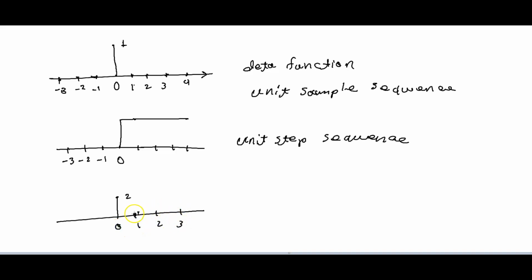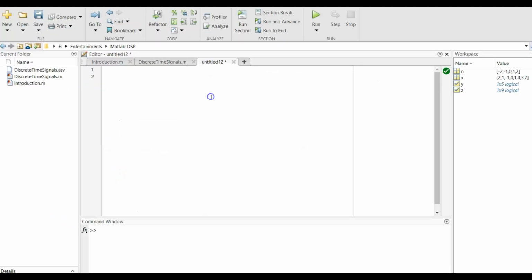Here is 0, here is 3, and here is 1, and here we have 1, and let's say this is a 2, and negative 1, negative 2. Right. So let's see how we can implement these three signals in Matlab.